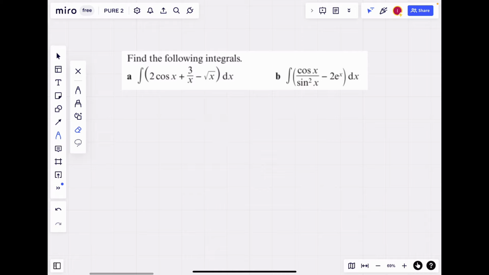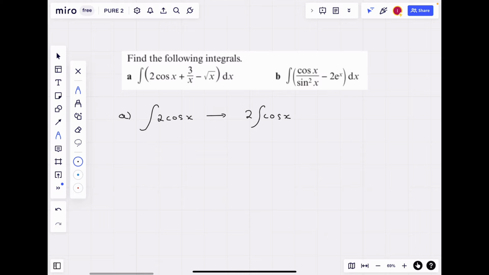Okay, when you're integrating something like part A, you're going to do each term separately. So, how would you integrate 2 cos x? You can write the integral of 2 cos x as 2 integral cos x.